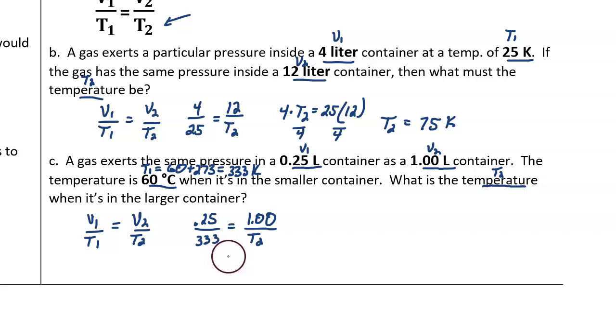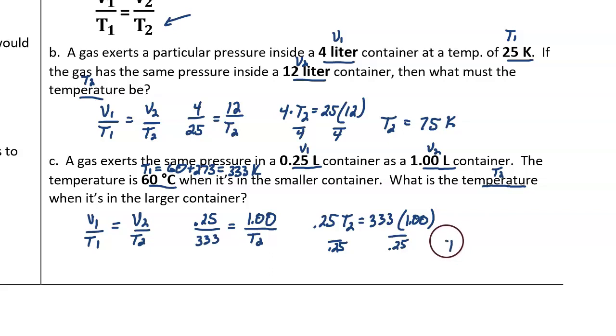That always works for proportions as well. 0.25 times T2 is equal to 333 times the 1.00. You're multiplying one diagonal and then saying equals and multiplying the other diagonal. To get T2 alone, we need to divide by the 0.25. So the result is T2 equals 1,332. This temperature will be in Kelvin.